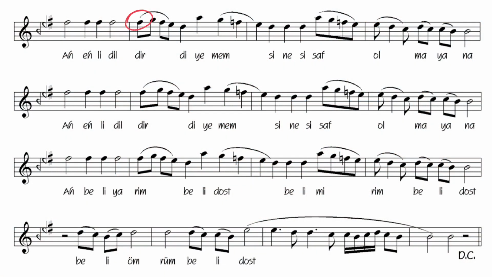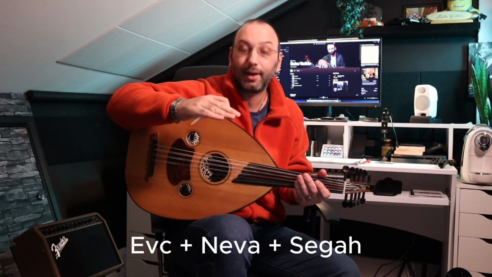That's it. Fa, sol, fa, mi, re, la, sol, fa natural, mi, re, turn to Neva. Re, la, sol, fa, mi, re, do, si, la, si, do. It turns to Segah. So, Evch, Neva, Segah. That's the analysis of the line.